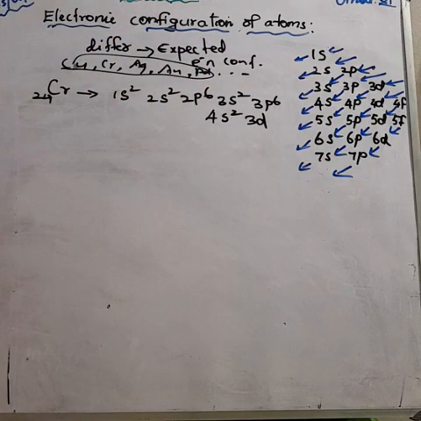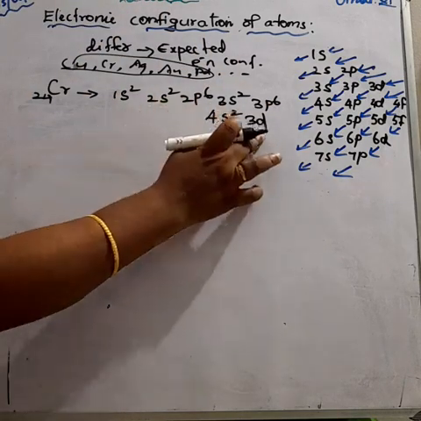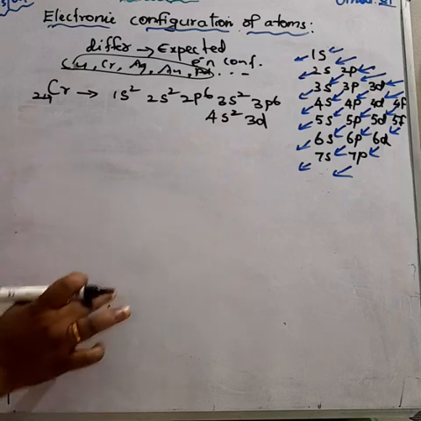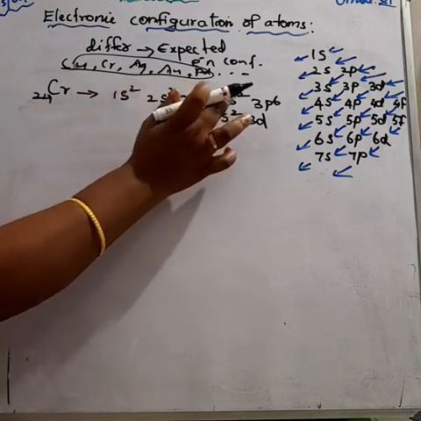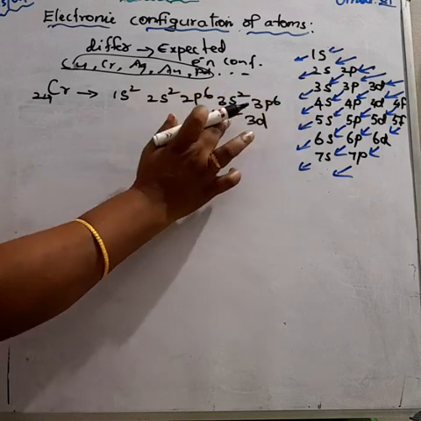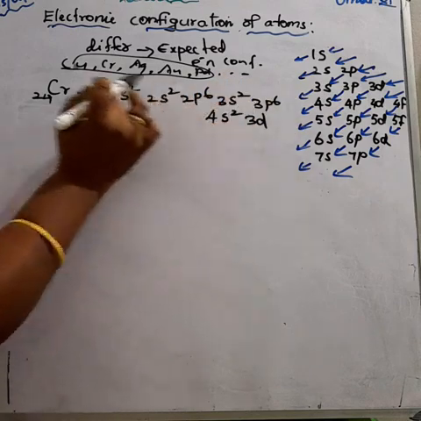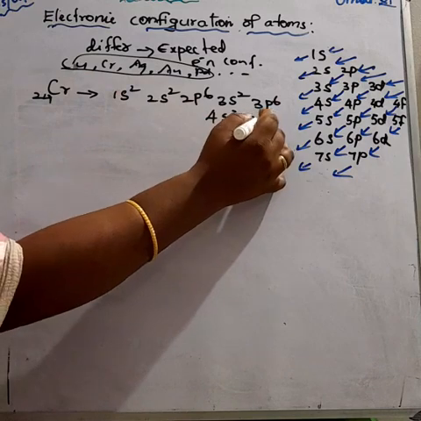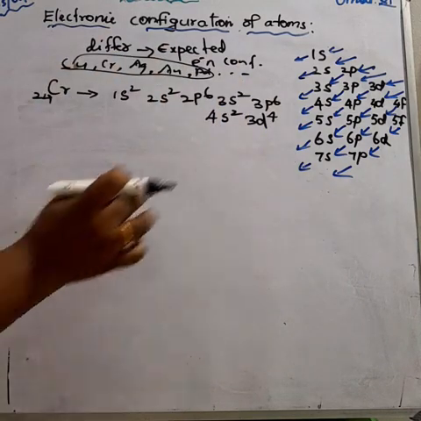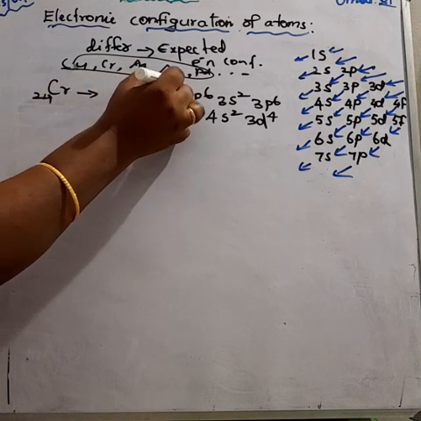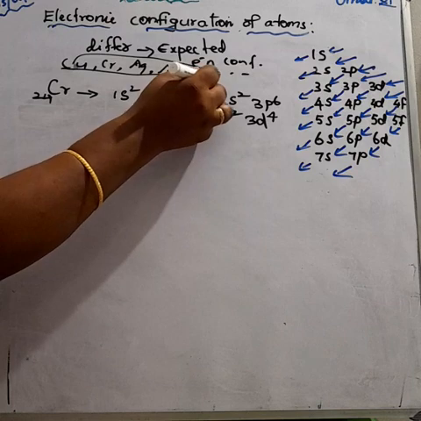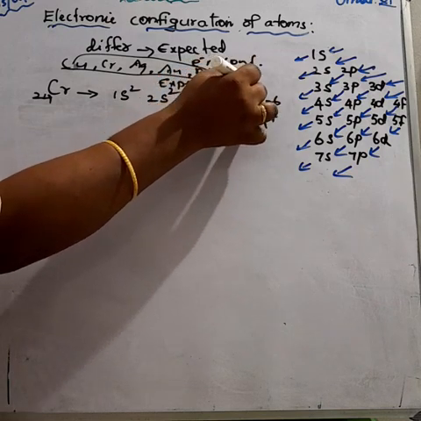In the d orbital we can fill a maximum of 10 electrons. Here 2 plus 2 is 4, 4 plus 6 is 10, 10 plus 2 is 12, 12 plus 6 is 18, 18 plus 2 is 20. The remaining 4 electrons we need to fill in the d orbital, 3d4. This is the expected configuration according to the Aufbau principle, but it is not stable.